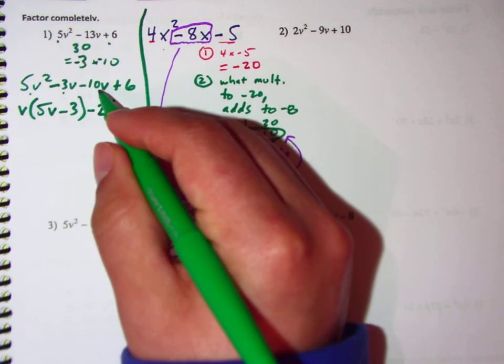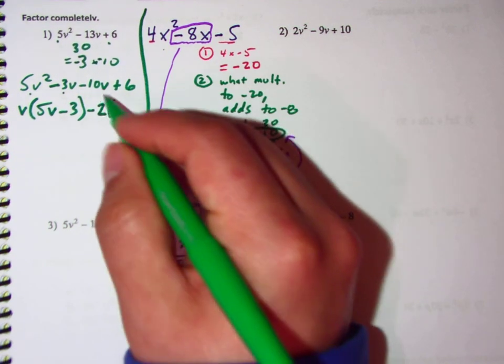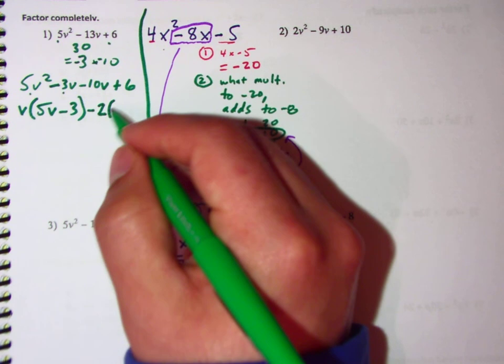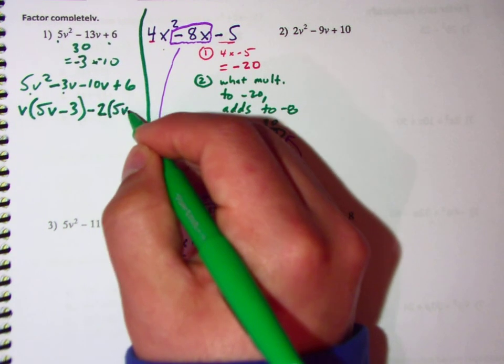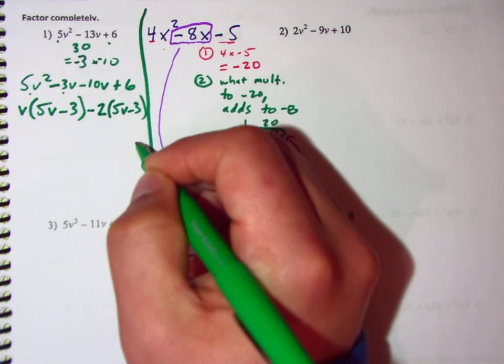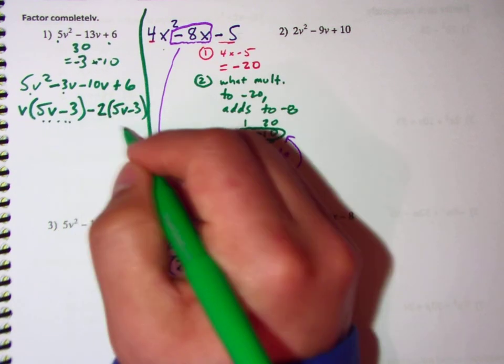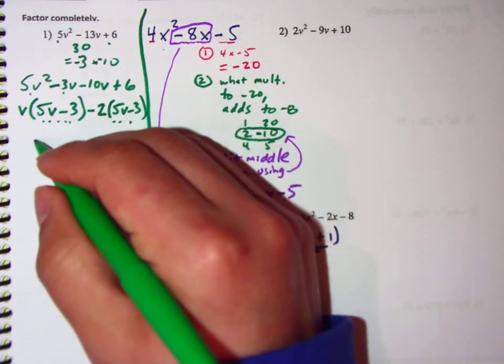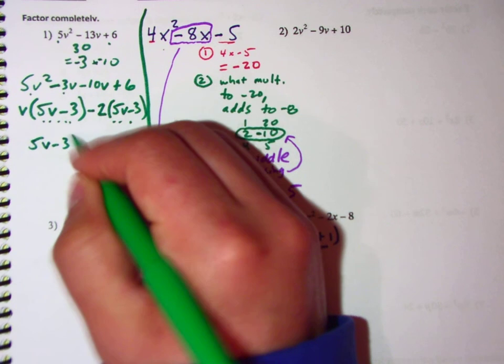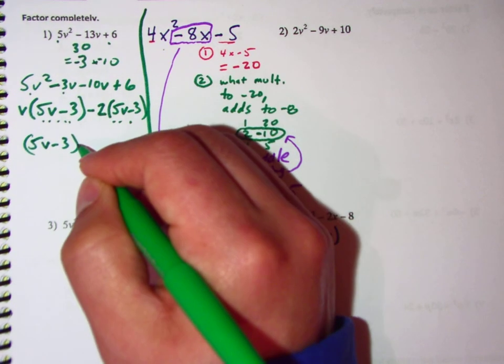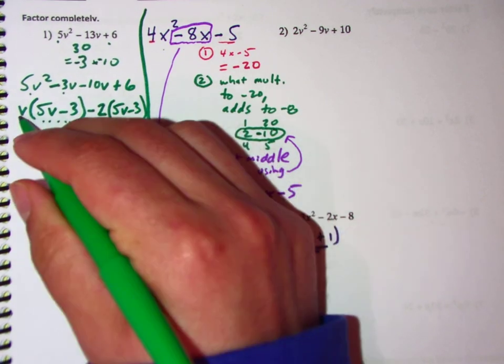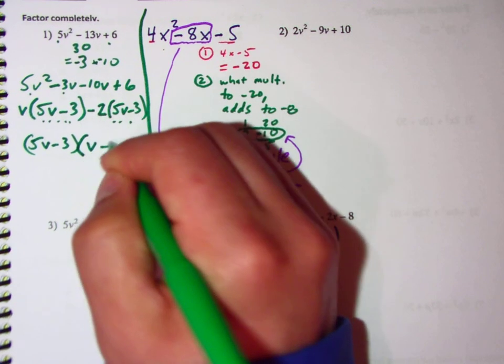And again, either work backwards or divide, and you're going to get 5v minus 3 in here as well. These match. And so 5v minus 3 goes out in front. That's the GCF. And then what's left is v minus 2. And this is your final answer.